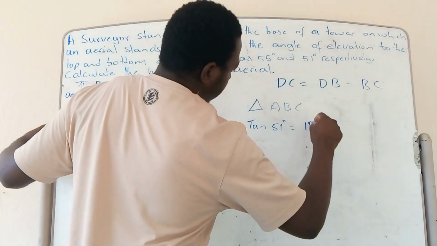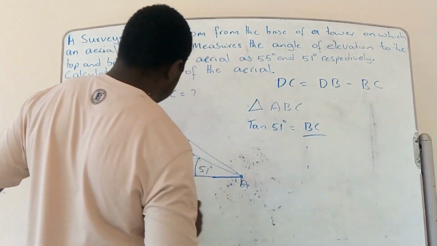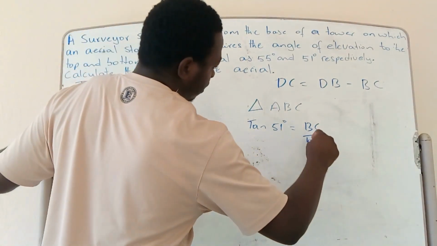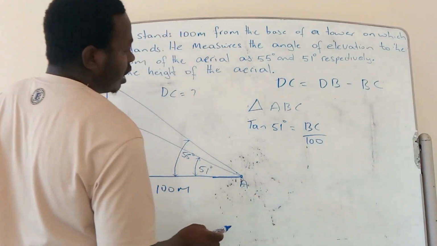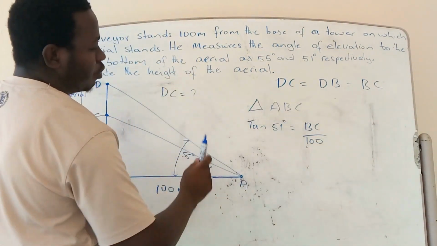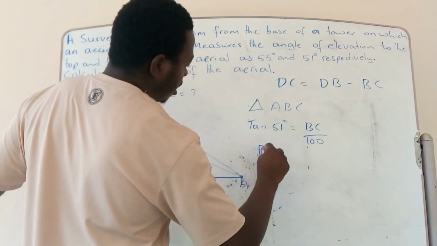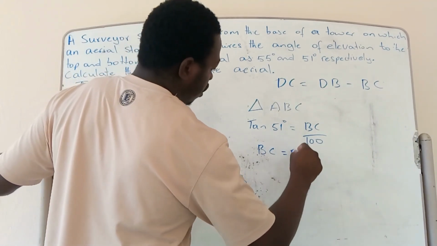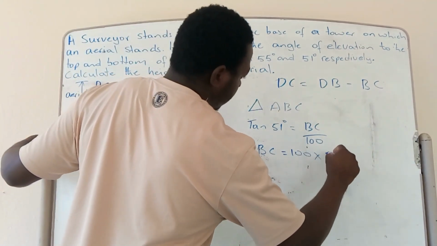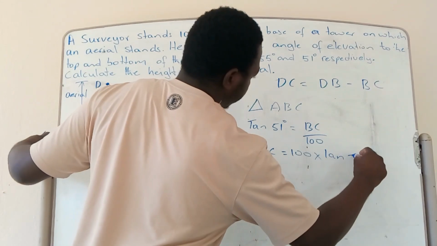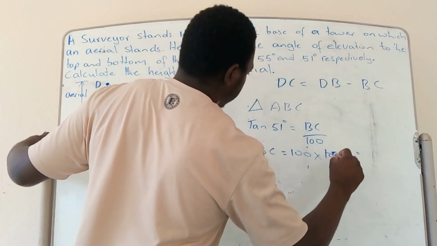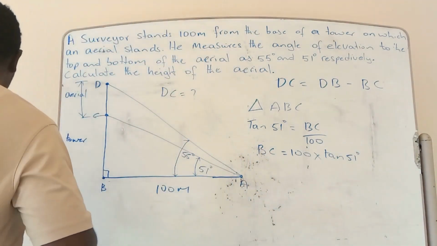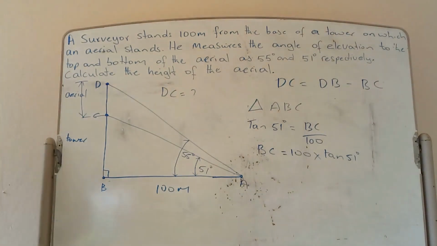So that's just BC over the adjacent length, which is 100. Again, I want to find BC, multiply both sides by 100, so BC is equal to 100 times tangent of 51 degrees, right? And you just put that on your calculator.